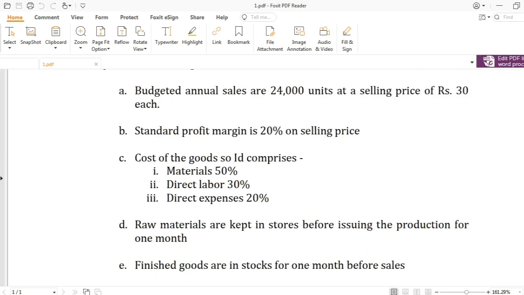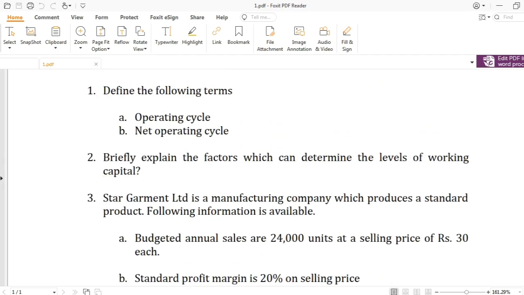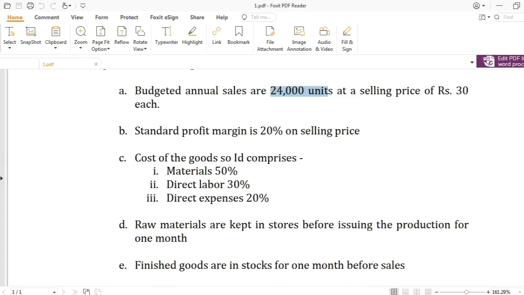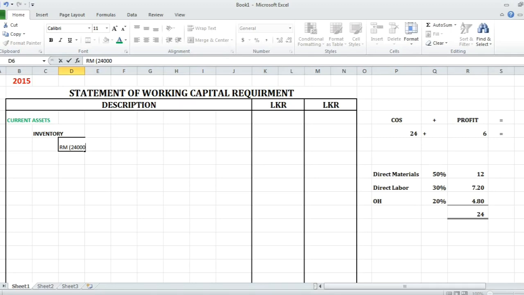Raw materials are kept in stores before issuing to production for 1 month, and production is 24,000 units annually. So 24,000 units into direct material cost per unit of 12 rupees into 1 month period, 1 divided by 12, equals 24,000.